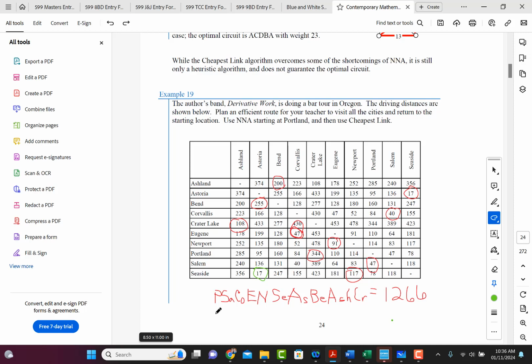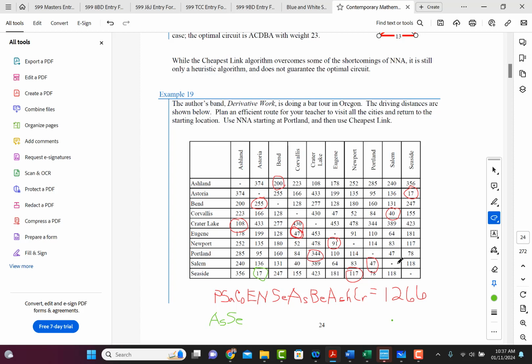So we're at Astoria, and we're going to Seaside. Okay, now the next cheapest one on this grid is what? 17.